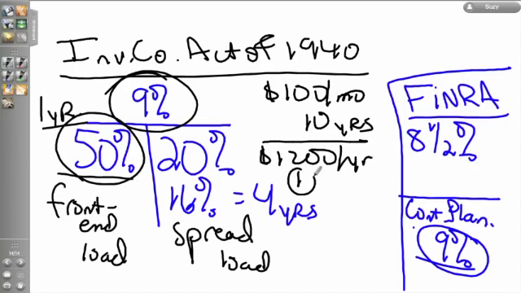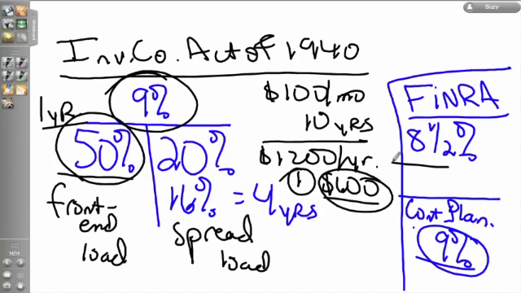So in year one, if it's a front-end load, how much can go to pay the sales charge? Yeah, that's a huge amount. That is dramatically different than the 8.5% sales charge rule. So it's 50% of the amount invested in the first year.